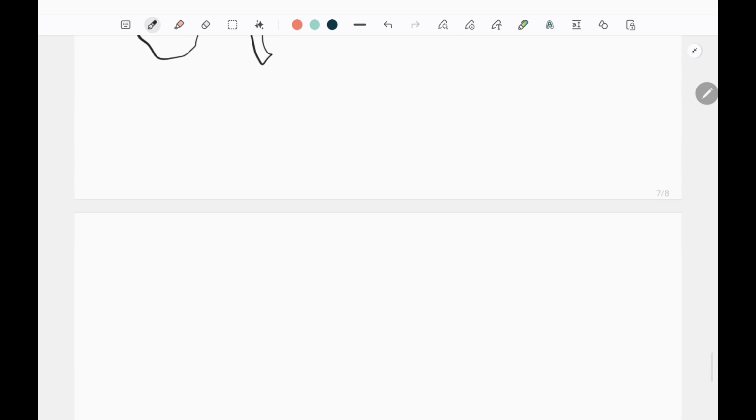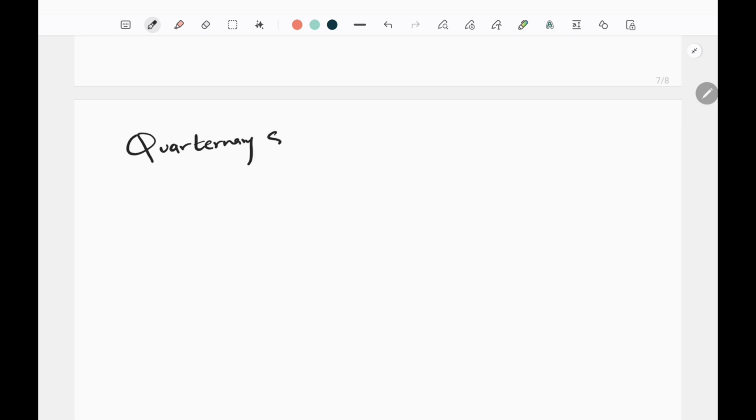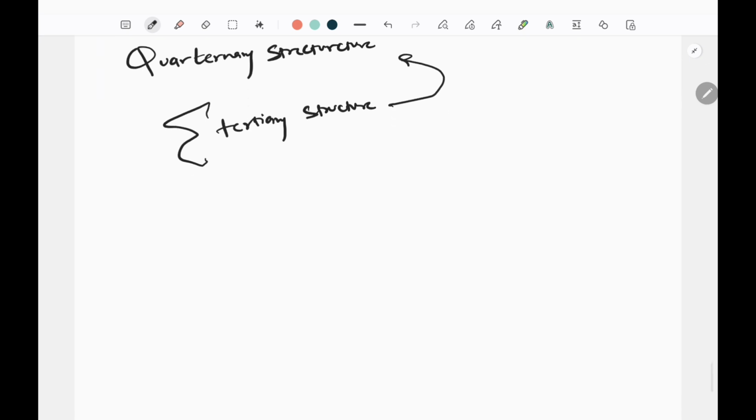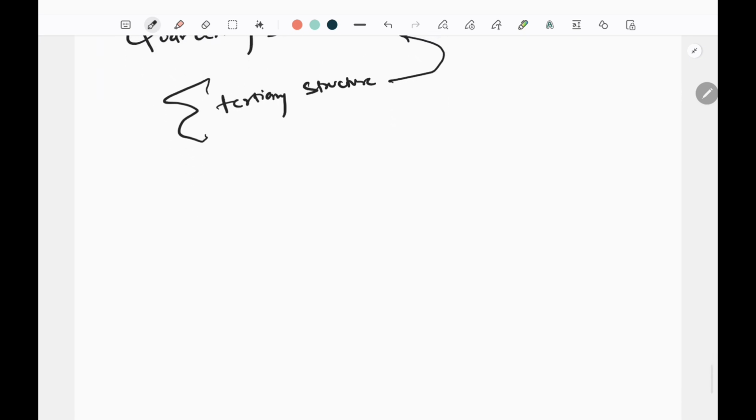And now comes the quaternary structure, where multiple tertiary structures come together to give us this quaternary structure, and these are usually called oligomers, right?